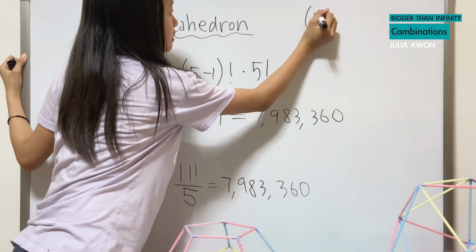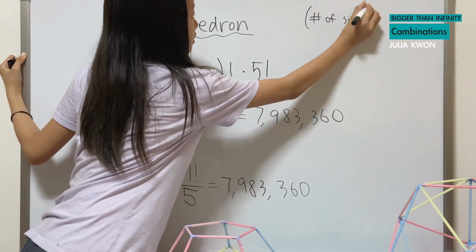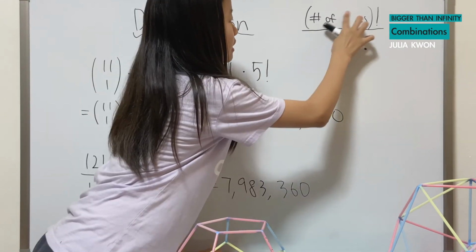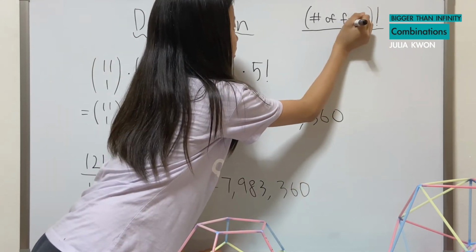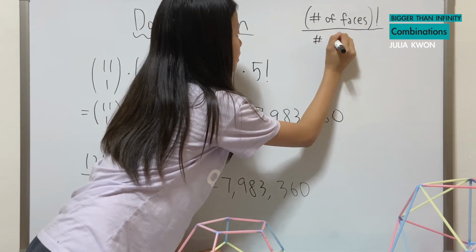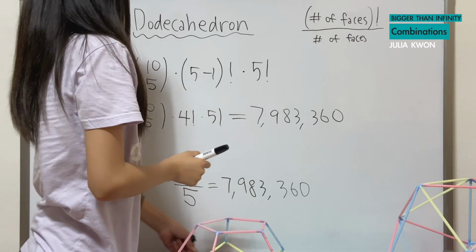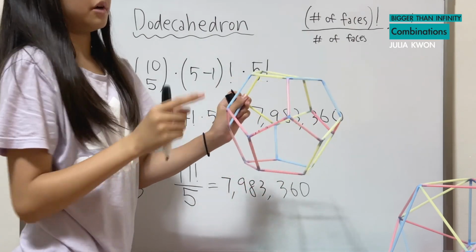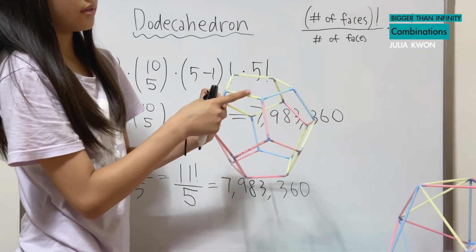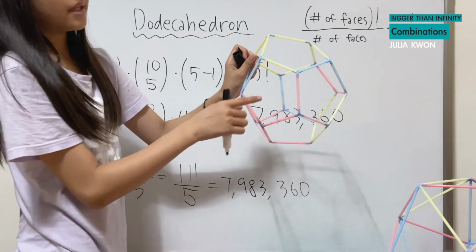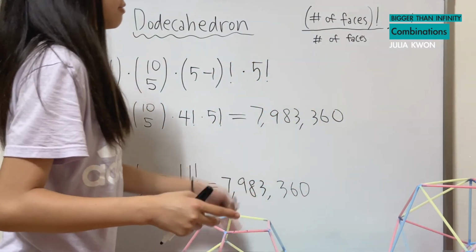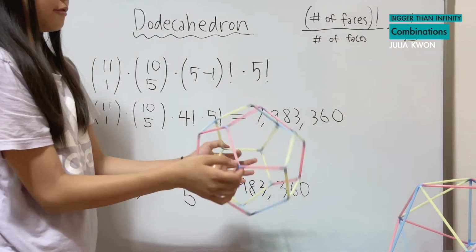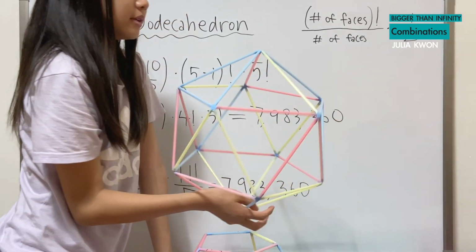It would be the number of faces factorial divided by the number of faces again, and once again divided by the number of sides of one face. So one face in our dodecahedron was a pentagon which has 5 sides. So I don't know how to write that, but I guess I can just put any shape. So that would be the formula to find it for any Platonic solid, I think.